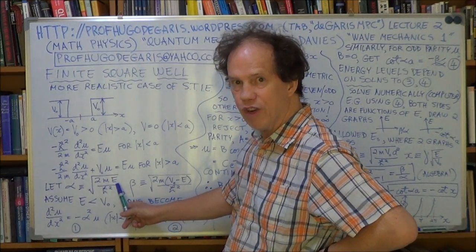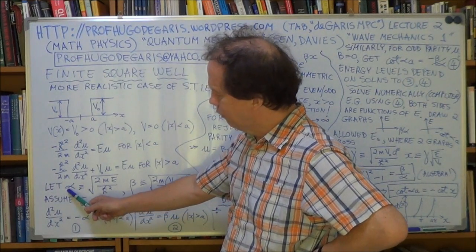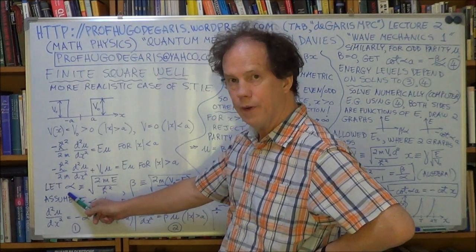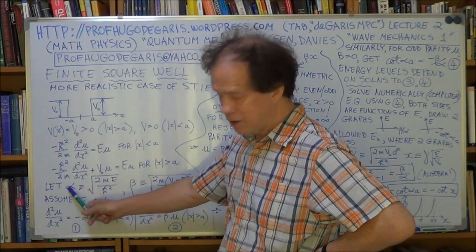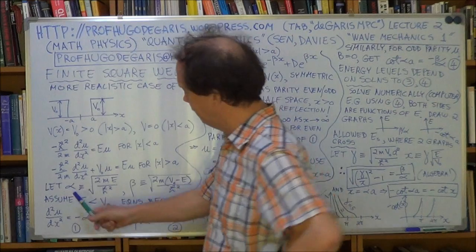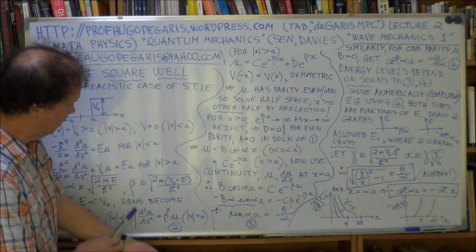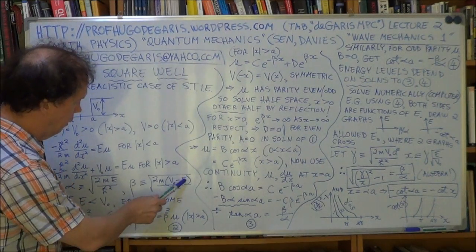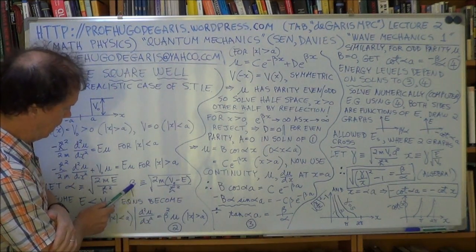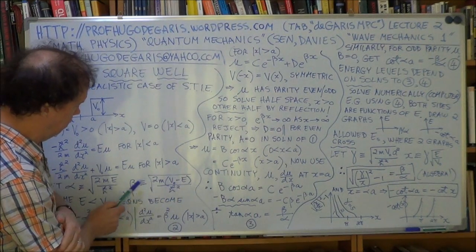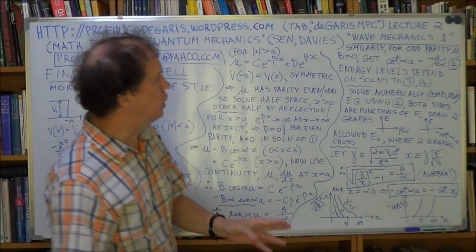So alpha depends on E. Alpha is a function of the energy. And V naught is a constant, h bar is a constant, m is a constant, but E can vary. So beta here is also a variable. Beta is a function of the energy. So alpha and beta are both functions of the energy.